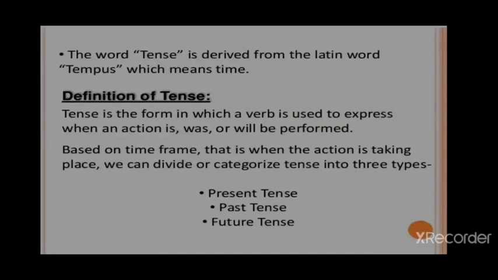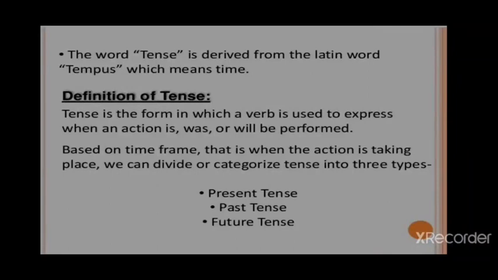Dear students, now we are going to see tenses in English. In English, if we know the tenses only, we can speak and write without mistakes. The word tense is derived from the Latin word tempus, that means time.